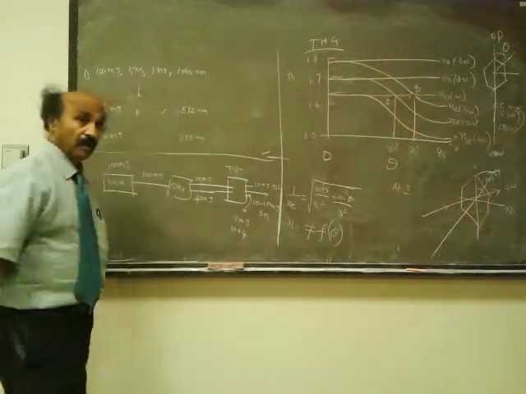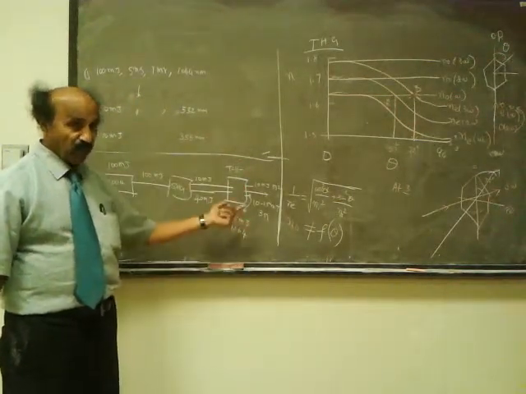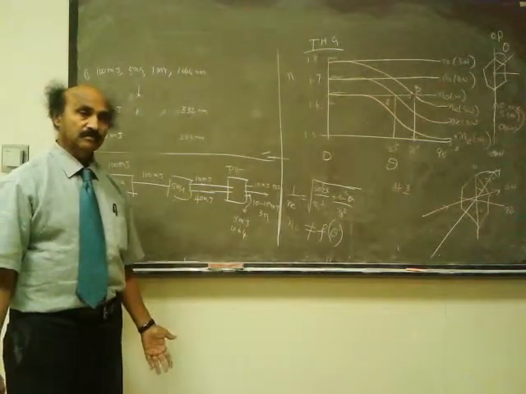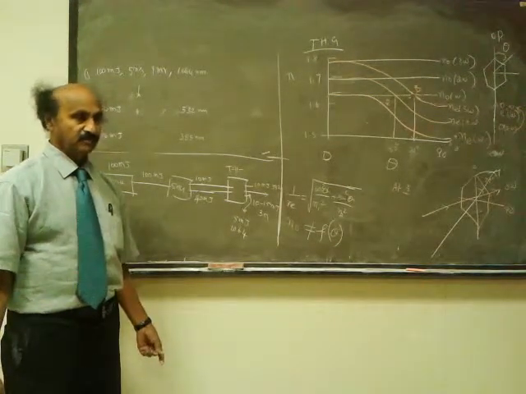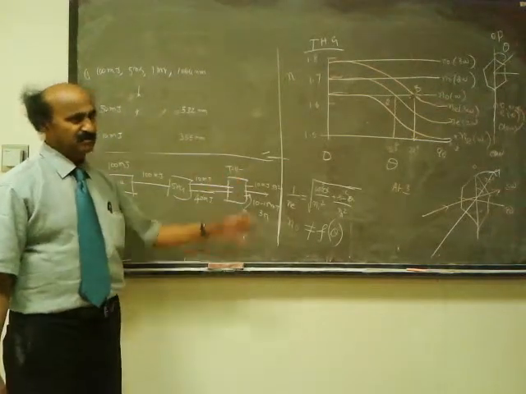At this point I get fundamental, second harmonic and third harmonic. 10 millijoule is useless. This is the realistic condition.